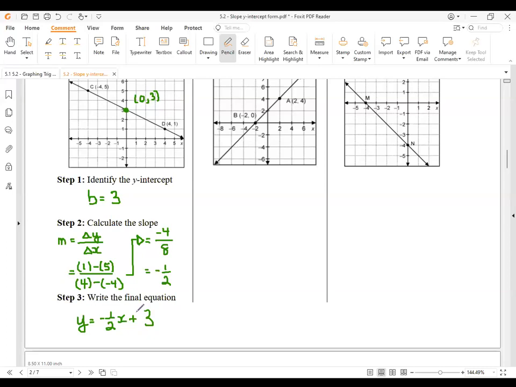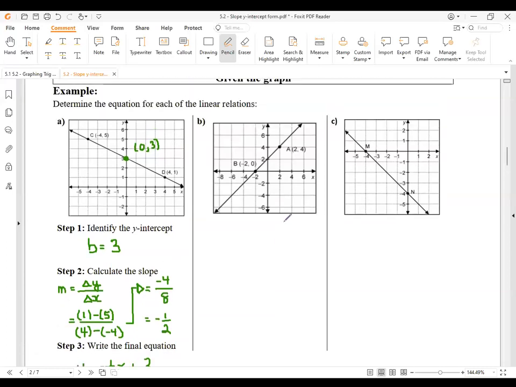Okay. Any useful situations in life. Here we go. Same thing here. My b is going to be right there. So that's going to be a 2. My slope is going to be, let's see, my y value is a 0. My x value is a negative 2.